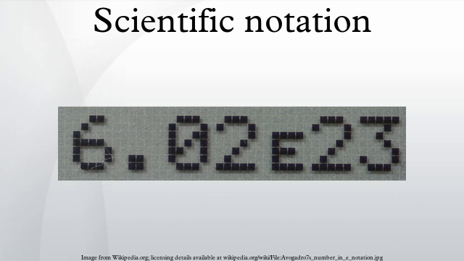Further examples of scientific notation: an electron's mass is about 9.1093822 × 10^-31 kg.